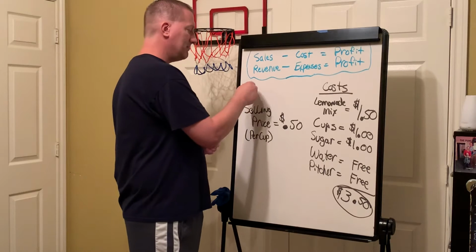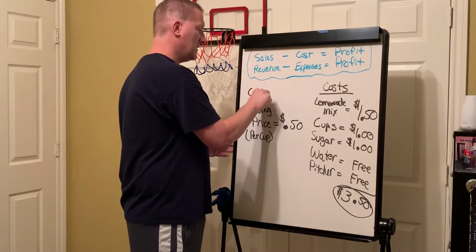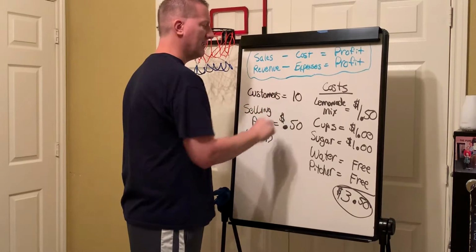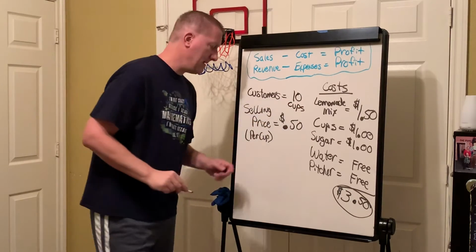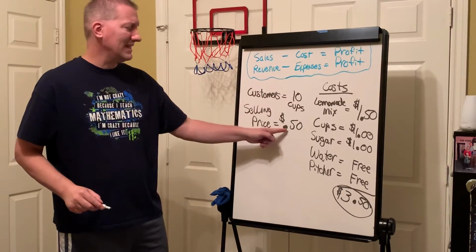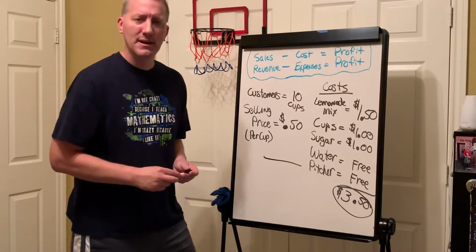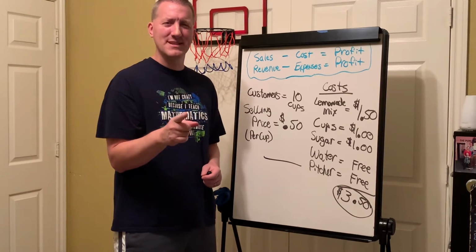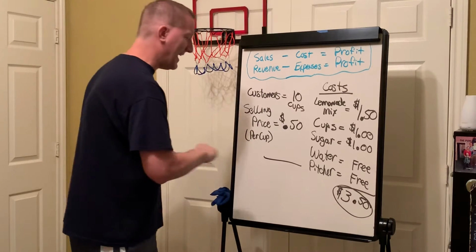And let's say you have customers, and you sell 10 cups at 50 cents a cup. Can you figure that out in your head? 10 cups, 50 cents a cup. Yeah, I think you got it.